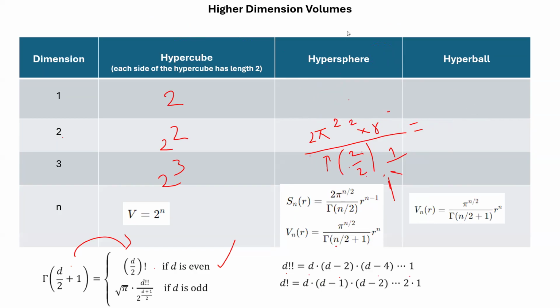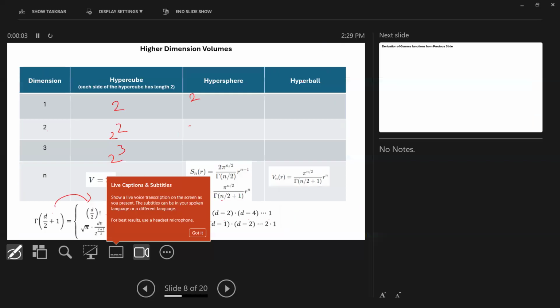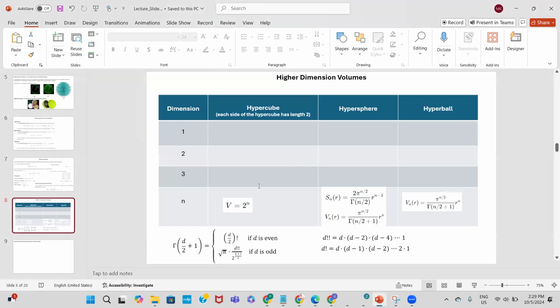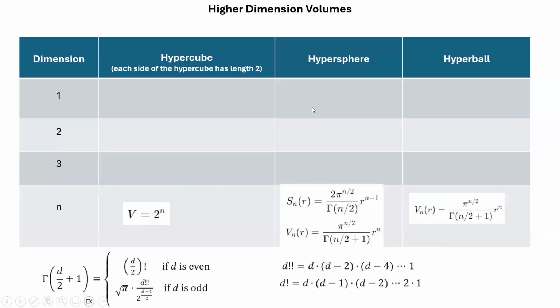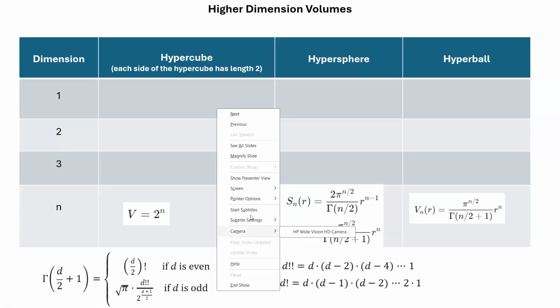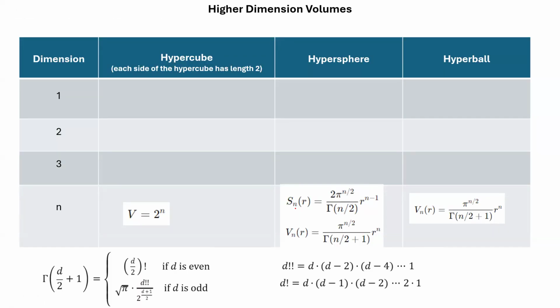What is the surface area for the sphere? We have seen something like 4 pi r square, right? That's what we have seen.